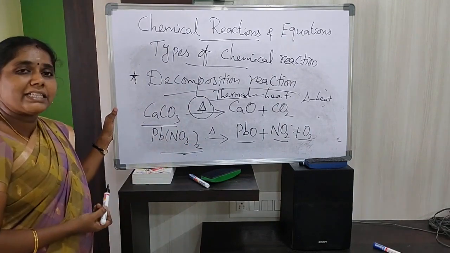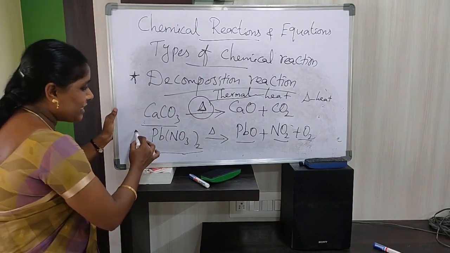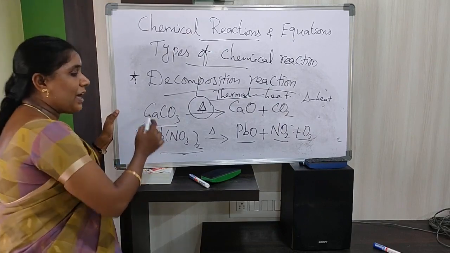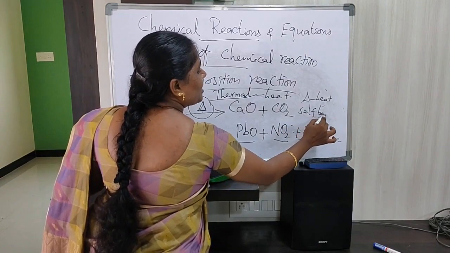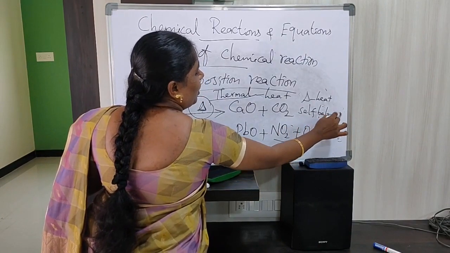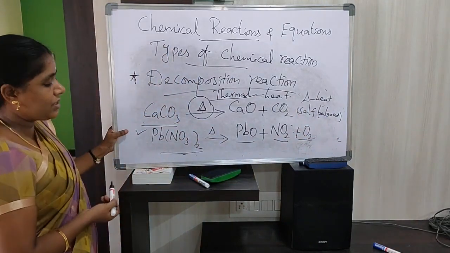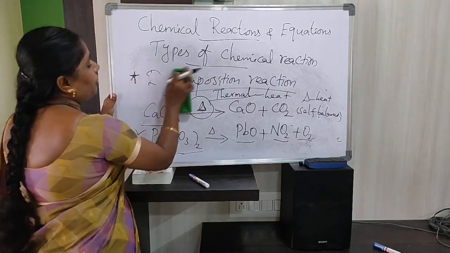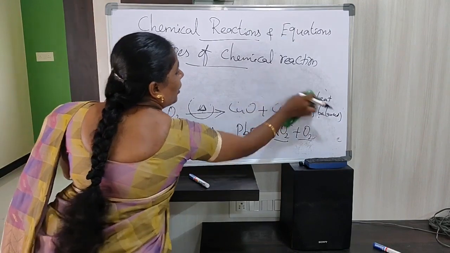So this is also an example of thermal decomposition. This equation is already balanced, a self-balanced equation, so no need to balance. The other equation you need to balance yourself.